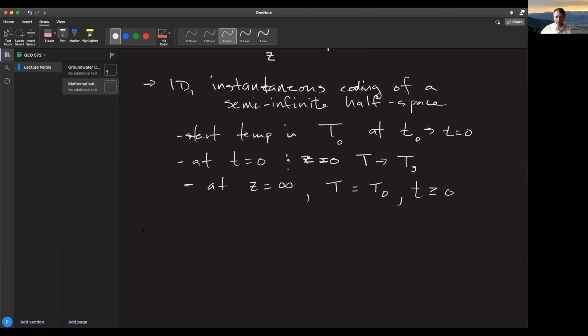So let's go about trying to use this model. The first thing we need is a governing equation. We need to have an equation that describes the evolution of temperature.